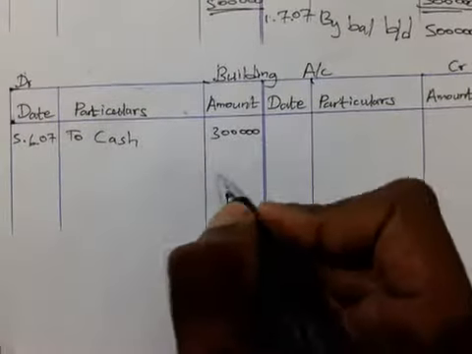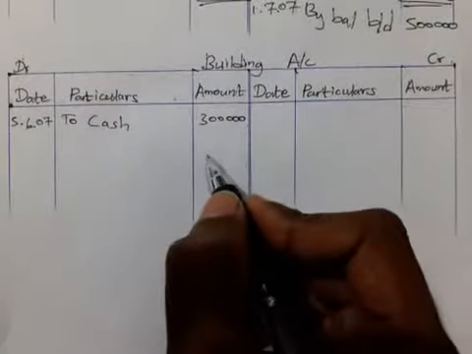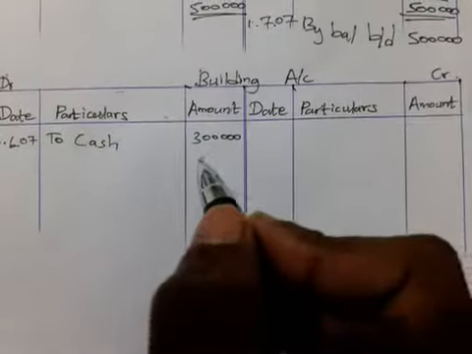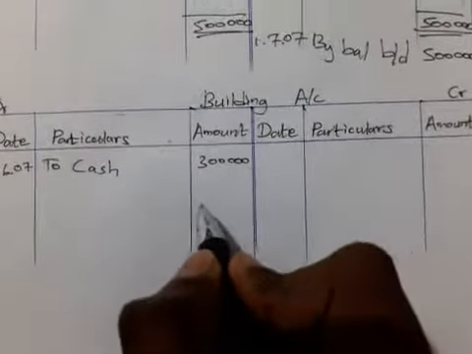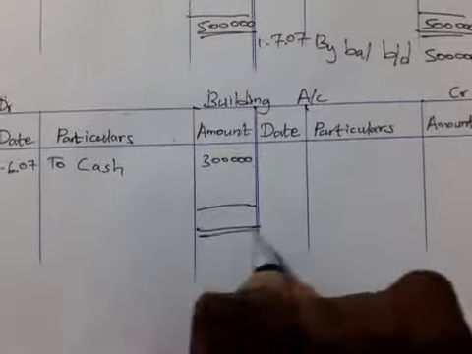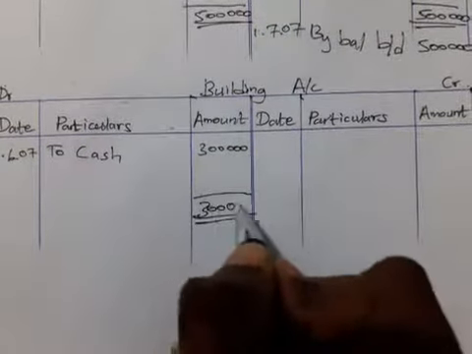In the building account, there is an amount of 3 lakhs on the debit side. There is nothing on the credit side. So we'll take the 3 lakhs and record it on both sides.